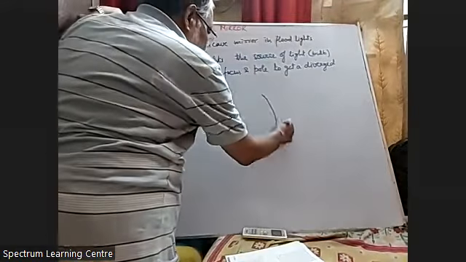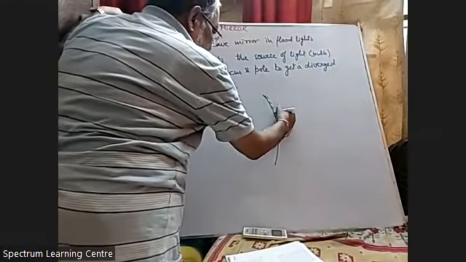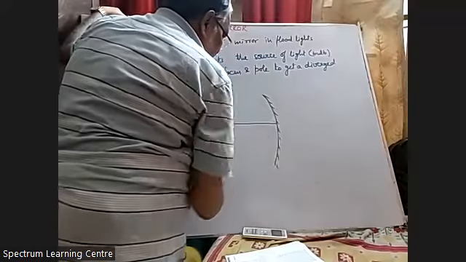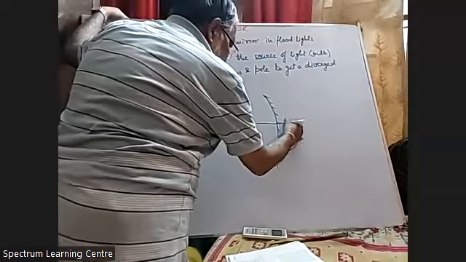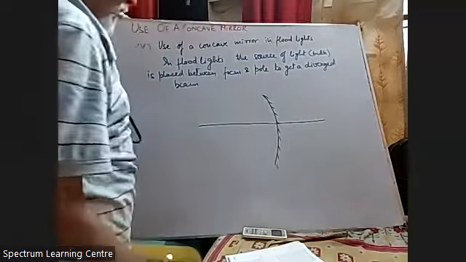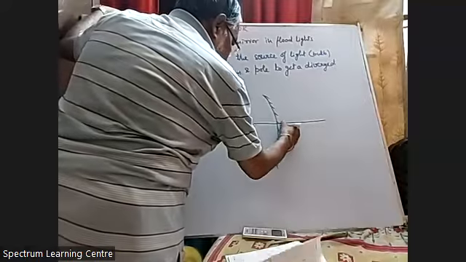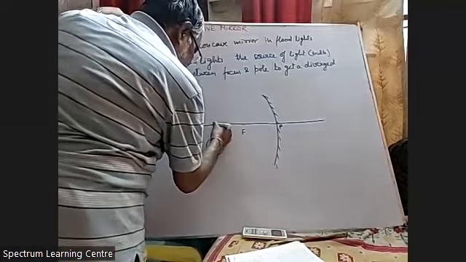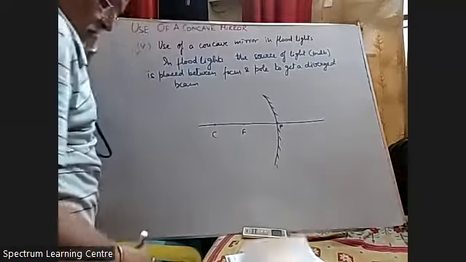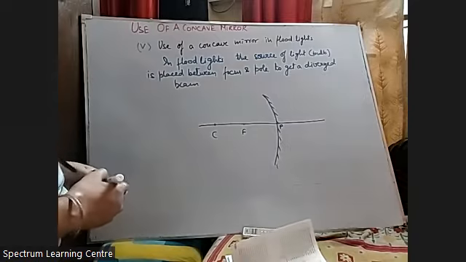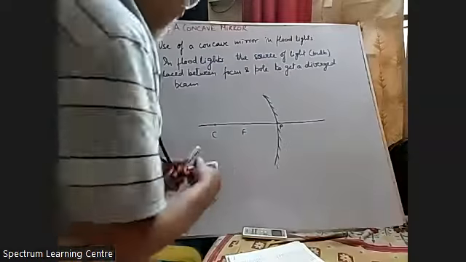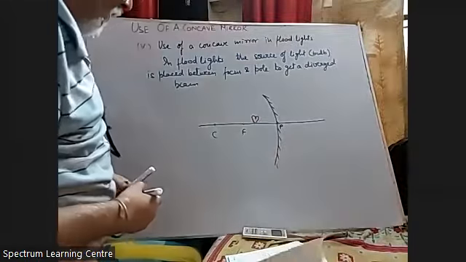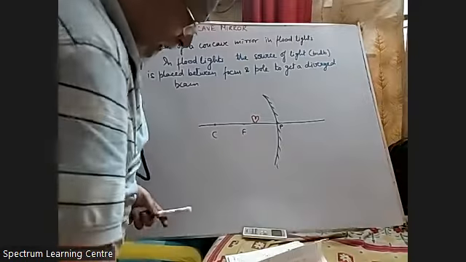Now let's see how we can draw this diagram. See, this is a mirror. Say this is the principal axis. This is my pole, and this is, say, focus, and say this is my center of curvature. Is that understood? Now suppose I place a bulb here.